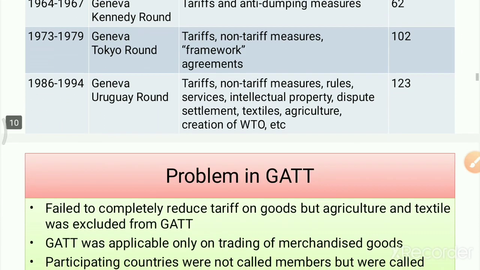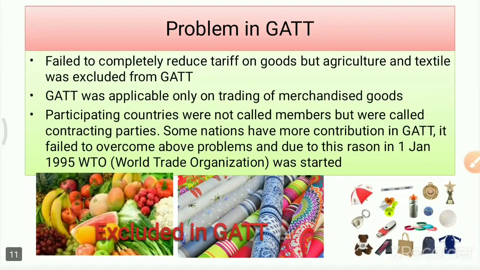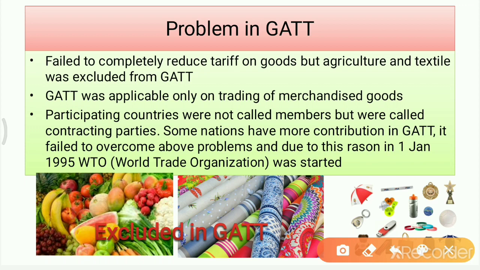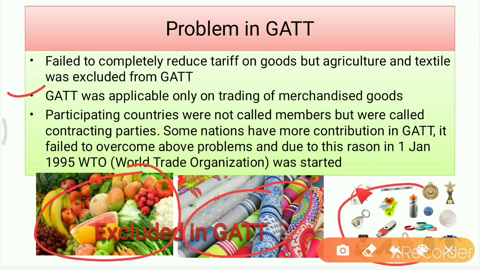What were the problems which arose in GATT? In this slide, you might have observed that agriculture and textiles were excluded from GATT. That's why GATT failed. Another important thing is that GATT concentrated only on goods, known as merchandise goods.